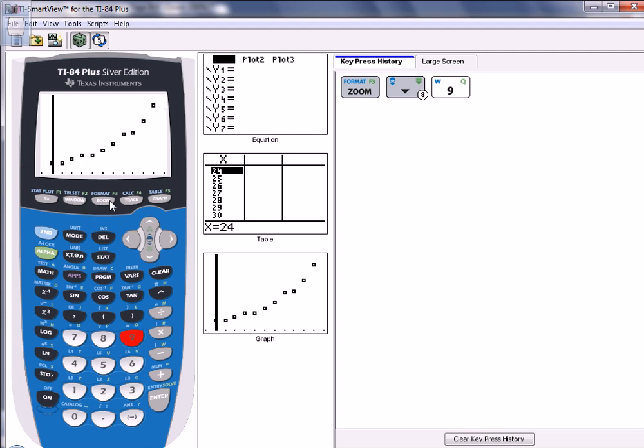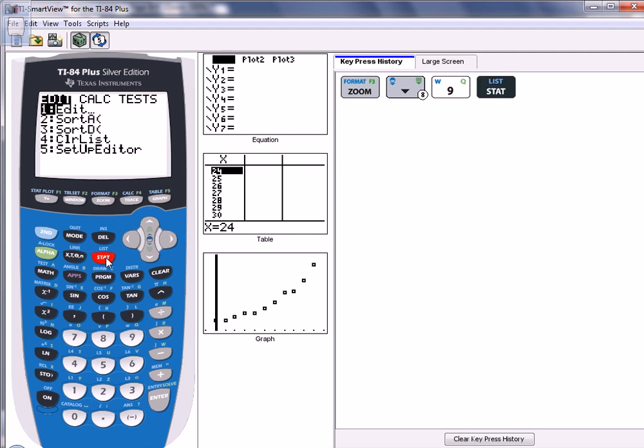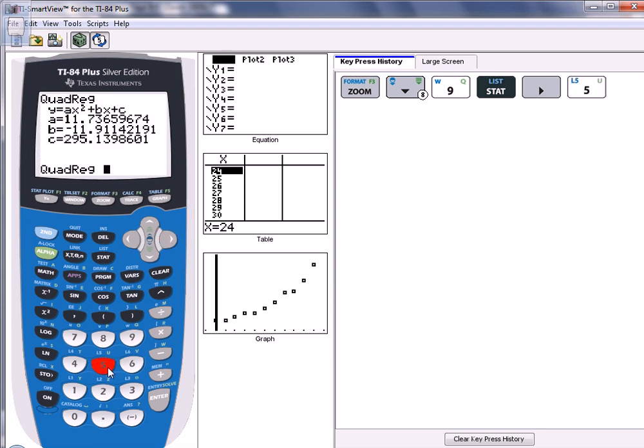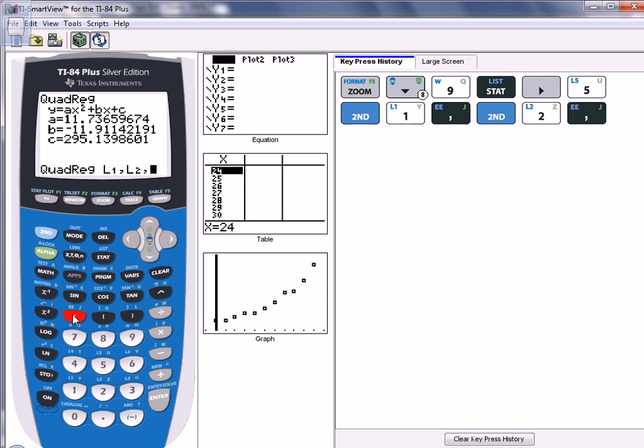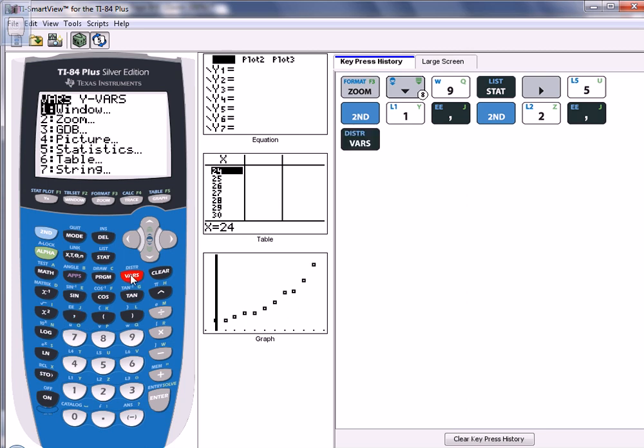Now, if we went back to where we hit stat, and we arrowed over to calc, and we told it we wanted to do a quadratic regression, and we told it, hey, my data's in L1 and L2, and I want an equation to go into Y1, you'd hit one more comma, then do the VARS button, arrow over to Y-VARS, choose function, and choose 1 for Y1.